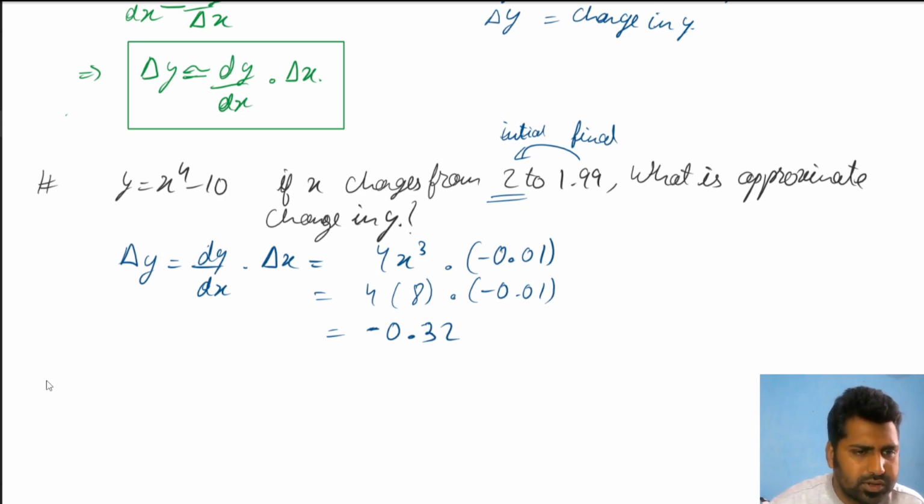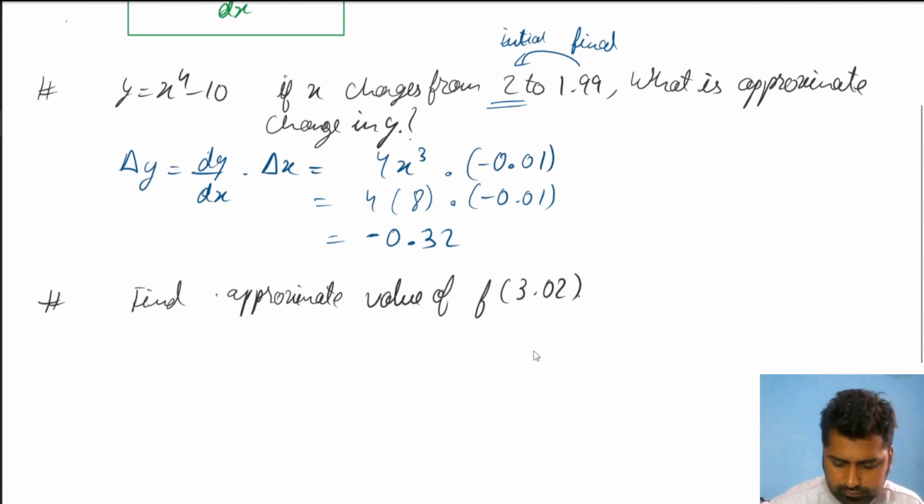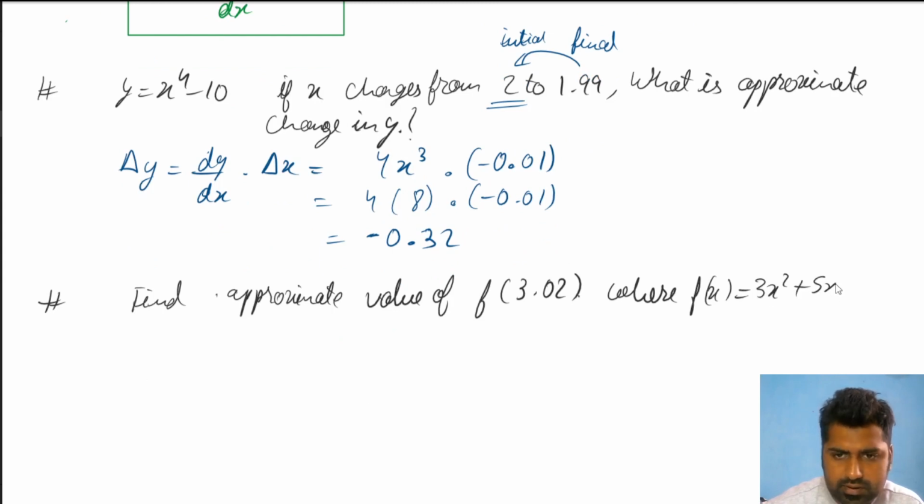Let's see another question. Find the approximate value of f of 3.02 where f of x is 3x square plus 5x plus 3.